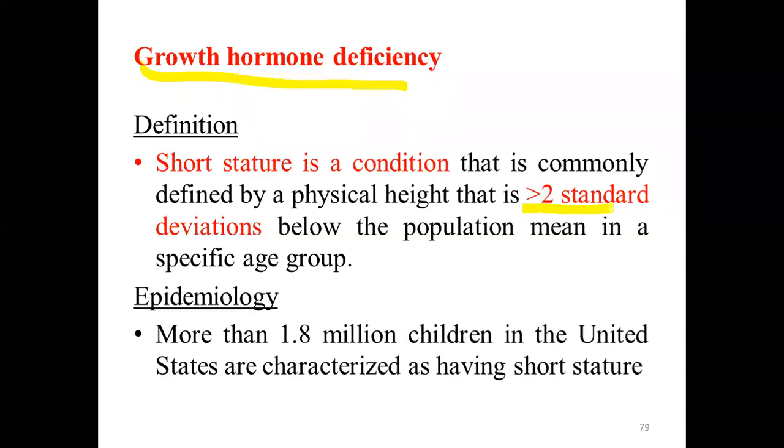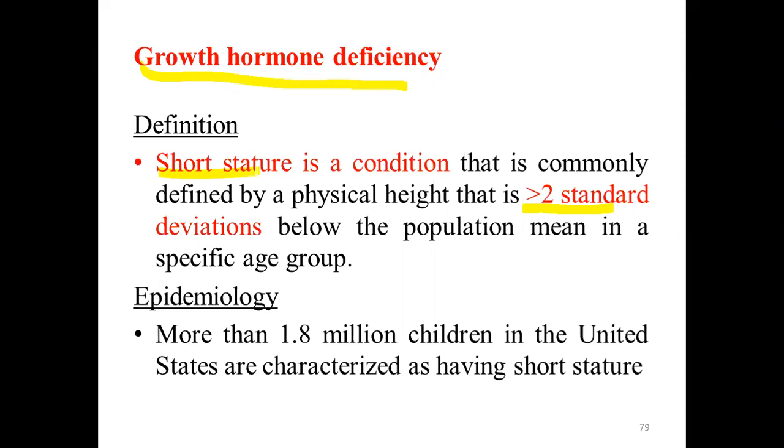In short, dwarfism or short stature is a condition that is commonly defined when the physical height is more than 2 standard deviations below the population mean in a specific age group. That is normally the standard definition.